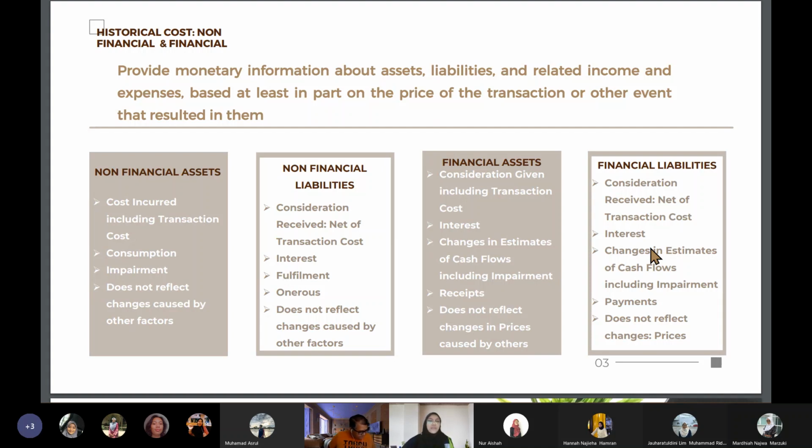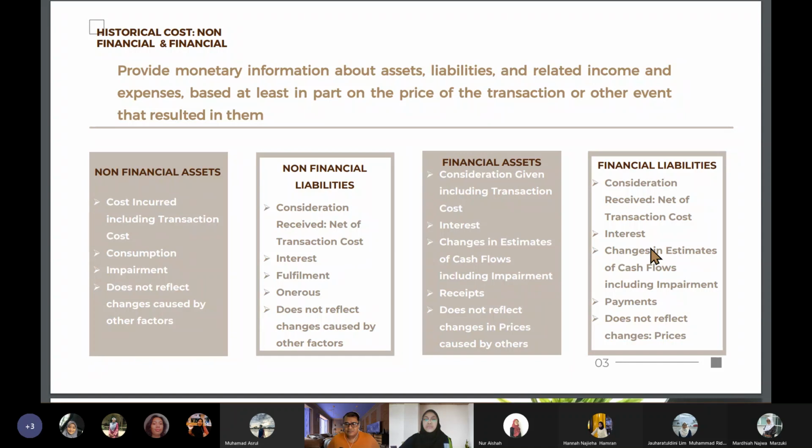Here is a table where the non-financial assets are measured at the cost incurred, including transaction cost, consumption, impairment, and it does not reflect changes caused by other factors. Then we have non-financial liabilities: the consideration received, net of the transaction cost, the interest, fulfillment, onerous.